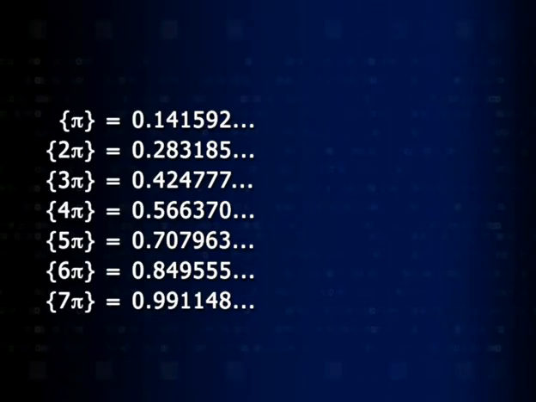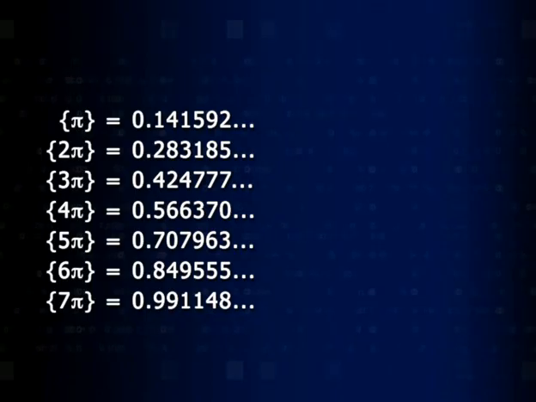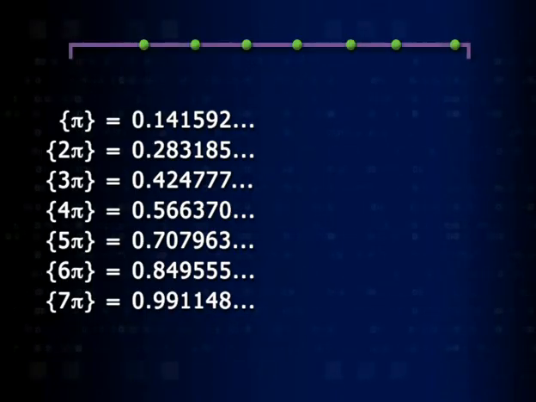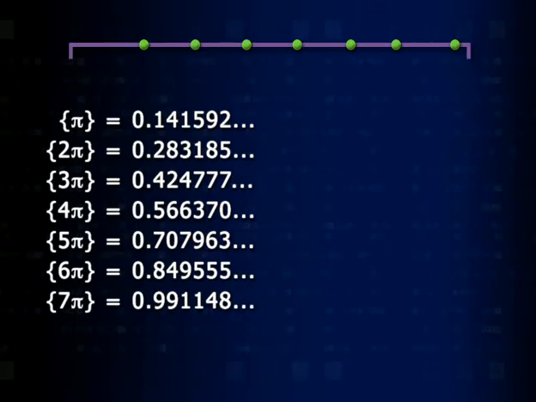Now, what do you notice about those values? Well, if we plot those points on the number line, we see that they're spread fairly evenly along the line segment from 0 to 1. Not exactly evenly, but kind of evenly.